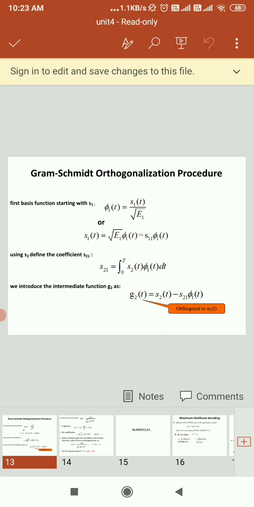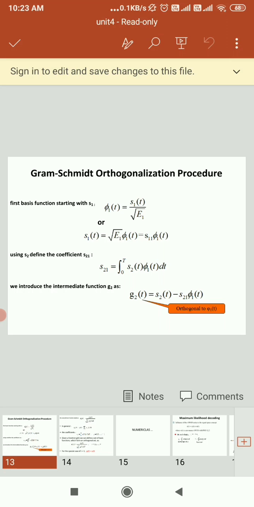So here we can calculate the orthogonal basis functions. We can take phi 1 of t equal to S1 of t upon square root of E1, or we can rearrange that equation to derive the value of S1 of t. If we are using S2, at that time we can define the coefficient S21. How?